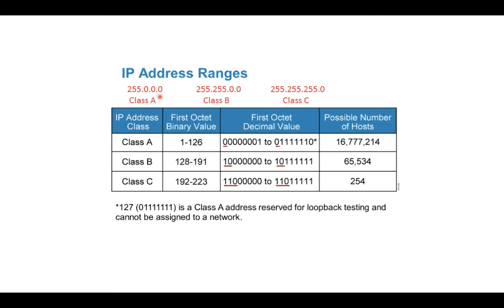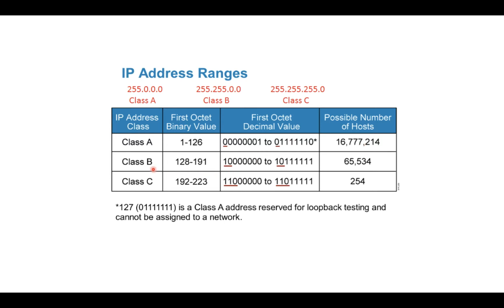Each of these zeros in decimal is actually 8 bits of zeros, each representing hosts. As I said, that means we can have a lot of hosts with a class A subnet, and that gives us around 16 million, as you see here.